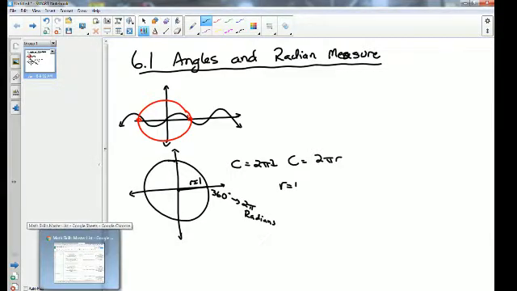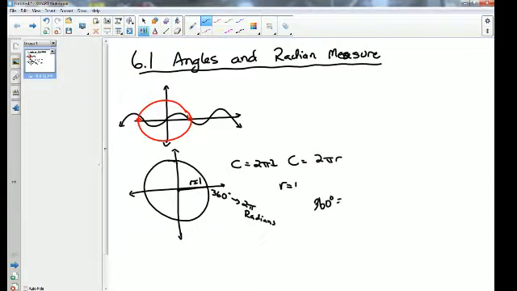So we can use this as our basis to convert between the two measurements.